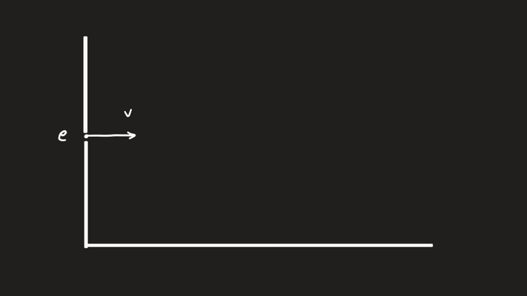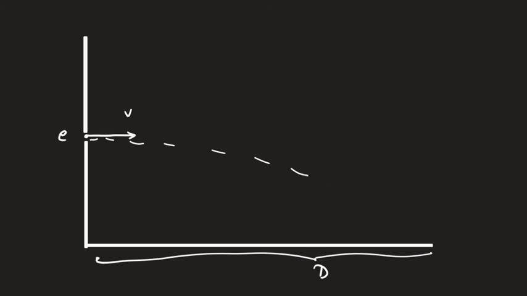We want the electrons to make it to a point this far away so that they don't strike the bottom wall or something. What would be the strength of the electric field here in order for the particles to curve and miss the bottom wall?